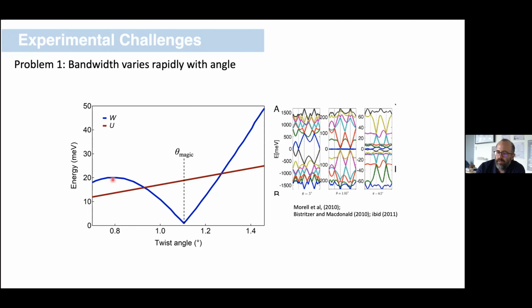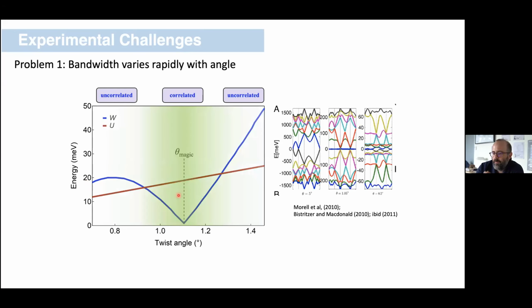Here I'm plotting the relationship between the Coulomb energy in red and the kinetic energy in blue. We might define the band as flat by some definition, say the range of angles over which the Coulomb energy exceeds the kinetic energy. So we see that there is a definite range where that happens, but that range is extremely narrow. It's only about a 0.1 degree full span.